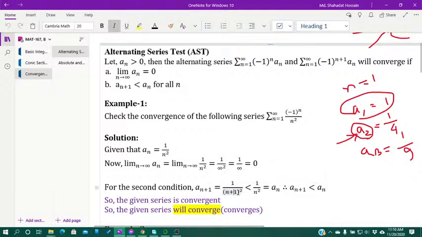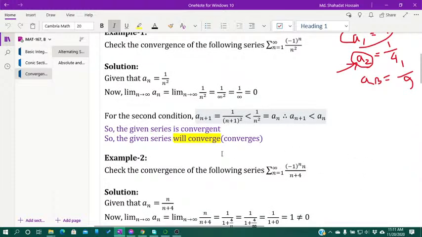If I substitute n equals 1, I will get a_2 equals 1 by 4, and on the right side it would be only 1. So 1 by 4 is clearly less than 1. So we can decide that this is decreasing gradually. So the two conditions from the definition are satisfied by this series. So we can easily conclude that the series is convergent.